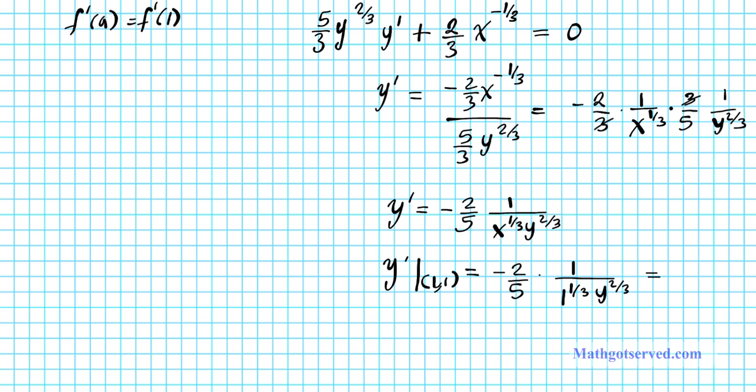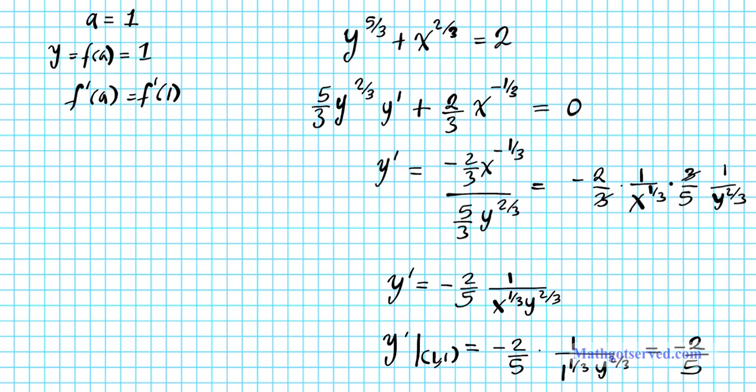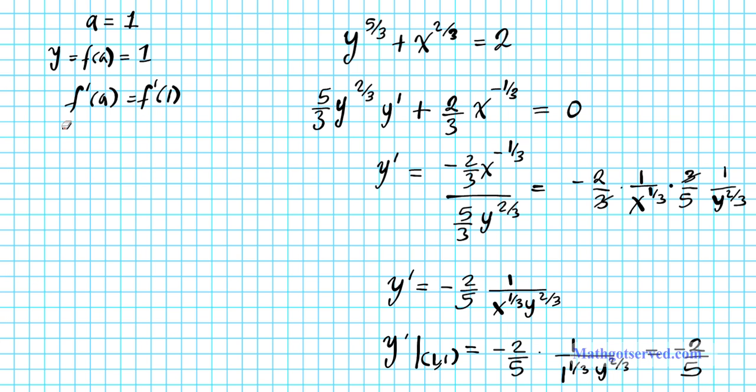Our final answer is negative 2 over 5. That's the slope we are looking for. So f prime of 1 is equal to negative 2 over 5, the slope of the tangent line.